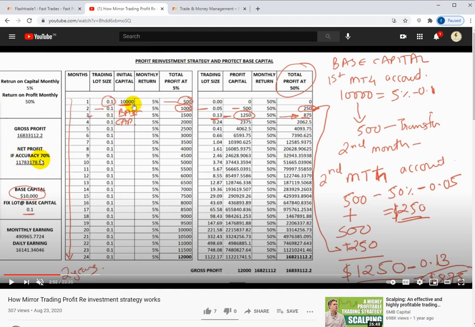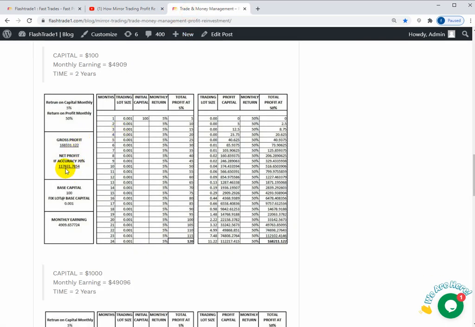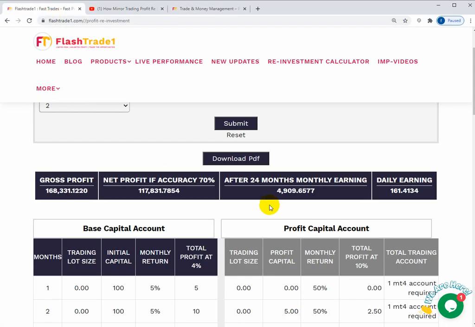So we have taken an accuracy of 70%, meaning in 30% of cases the account can get into loss too. With 70% accuracy we get the profit to be 117,831. After 24 months, the monthly earning of the client is going to be 4,900 if he invested 100 capital initially, and the daily earning he will be getting is $161 on his account.